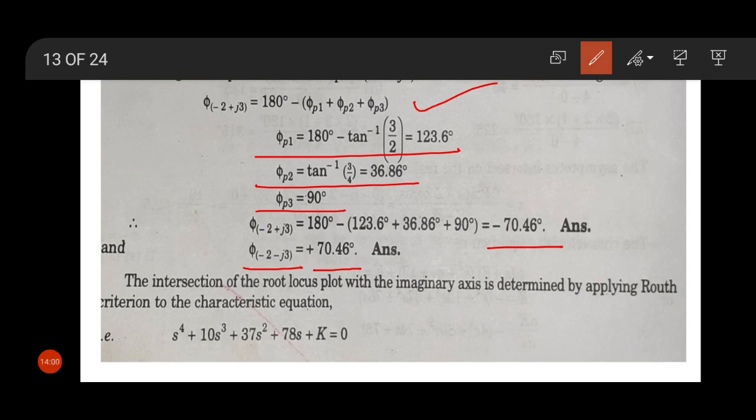If we calculate one angle of departure for one complex pole, then we can easily calculate the angle of departure for the other complex pole. Okay, clear?